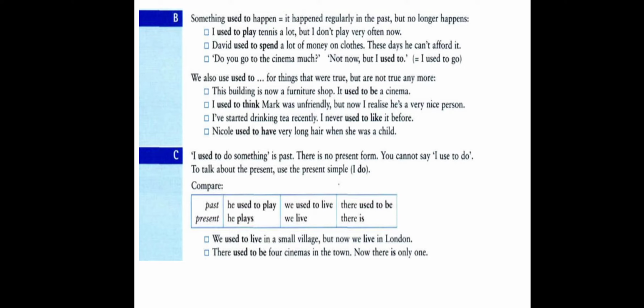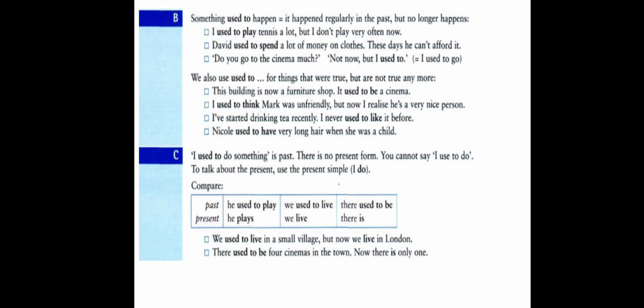We say we used to live in a small village, but now we live in London. In the past we use used to plus the base form. But for a present habit, a present situation, we use the present simple, the verb live in we live in London. There the verb live is in the present simple.